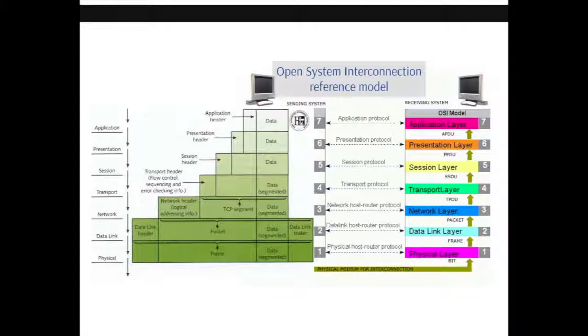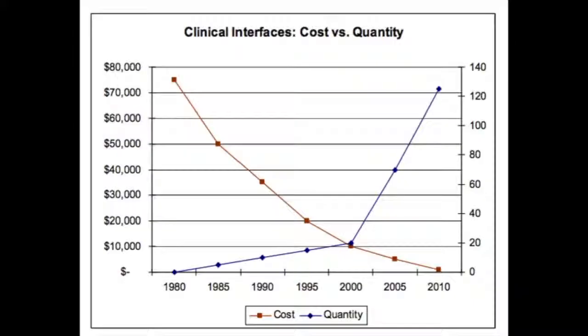The way I think of it is, what you're concerned about is this data here, and then you have different headers as you move down to get it to the rows of zeros and ones at the bit layer. That's just a brief background on the name.